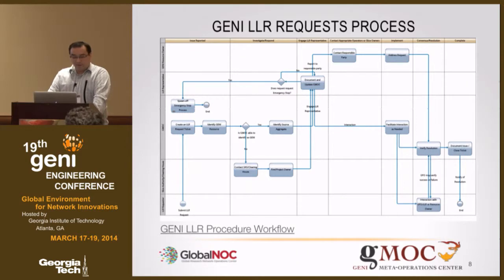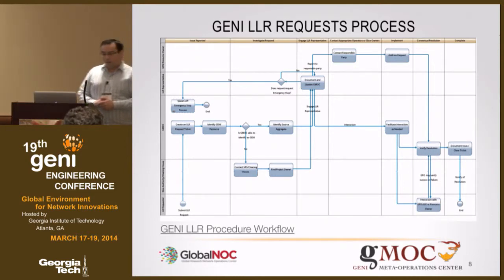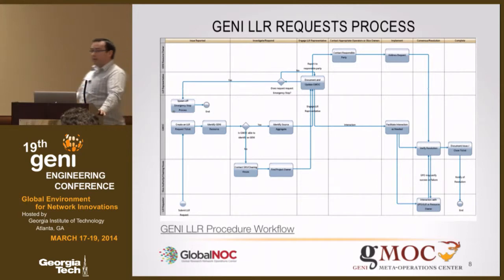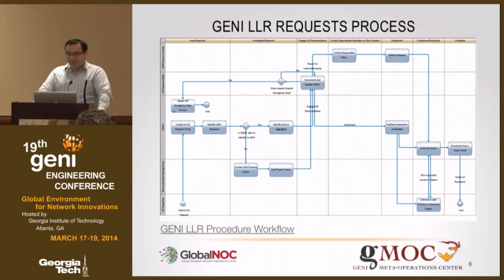GENI may be contacted by lawyers, law enforcement, or regulatory agencies with requests regarding behavior or a particular host or aggregate in GENI. There may be various scenarios such as a DMCA takedown or taking down copyrighted material, contraband downloads, cease systems, or the FBI coming in and wanting to take an entire rack.